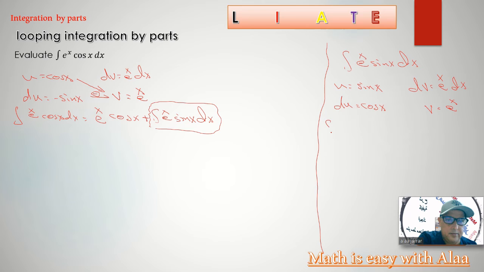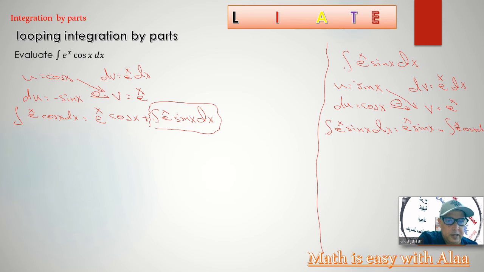Now, the integral of e^x sine x dx equal u times v, e^x sine x, minus the integral of v du, e^x cosine x dx.